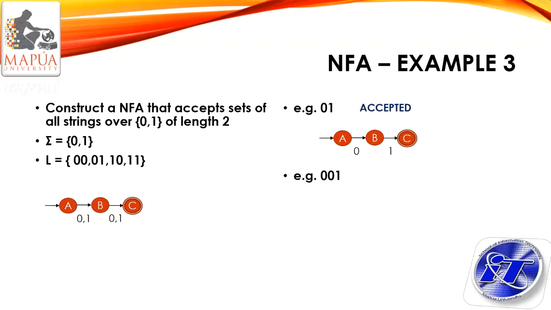Another example, 0 0 1. 0 will be accepted by A, and it will go to B. Then for the next 0, it will go to C. But for the third symbol, there is no path. So we stop at C, but unfortunately, we don't have a path for the complete string.